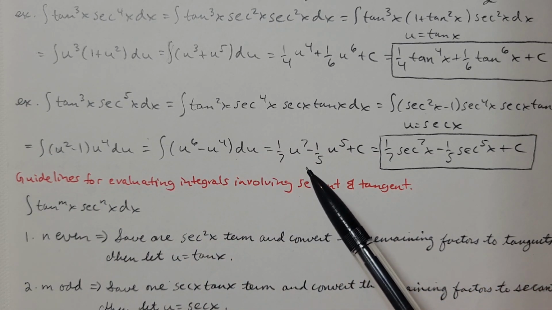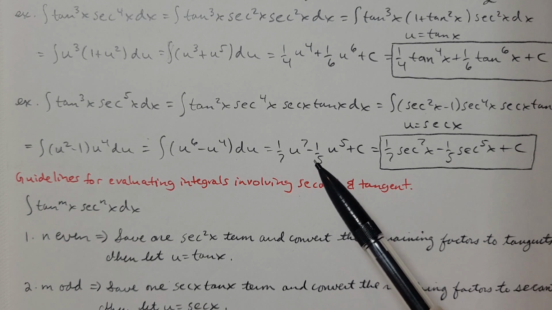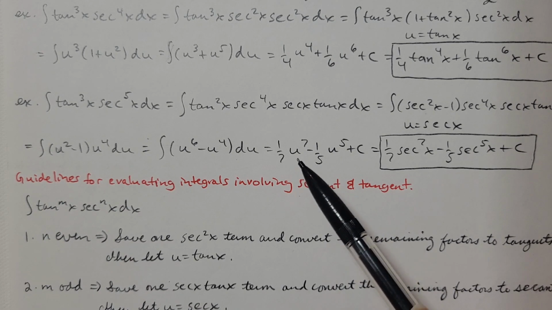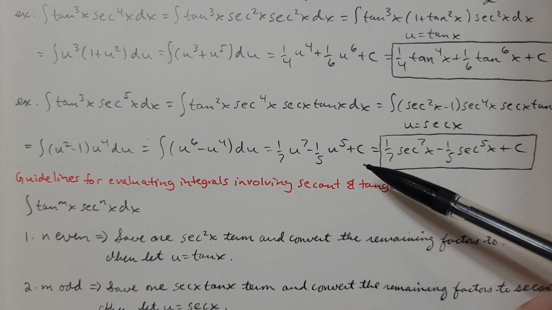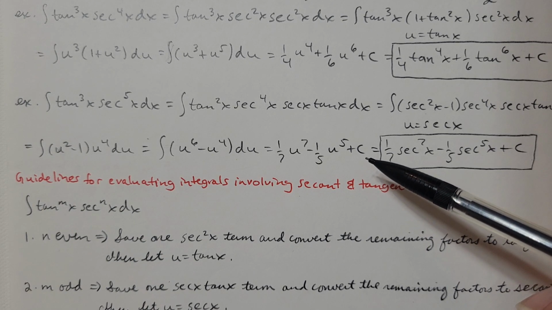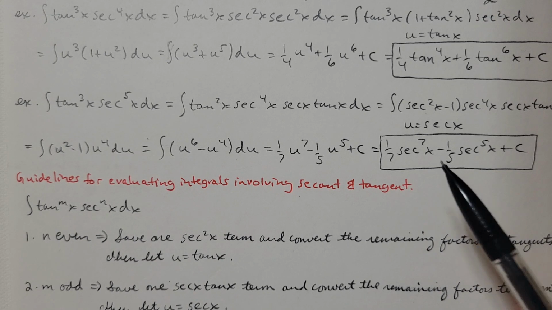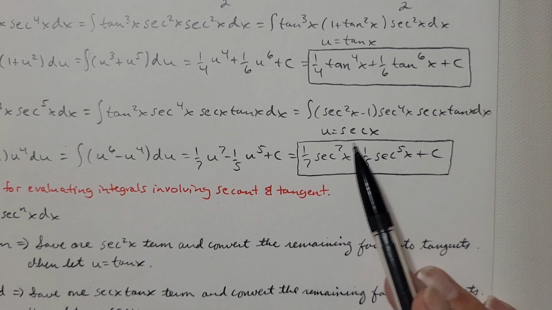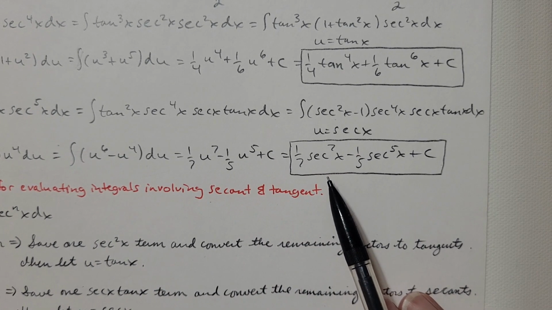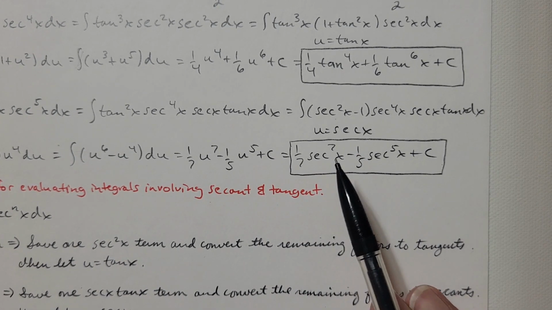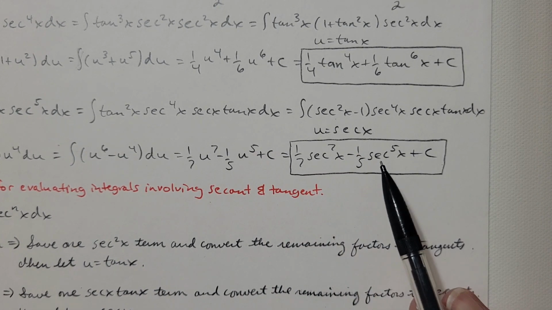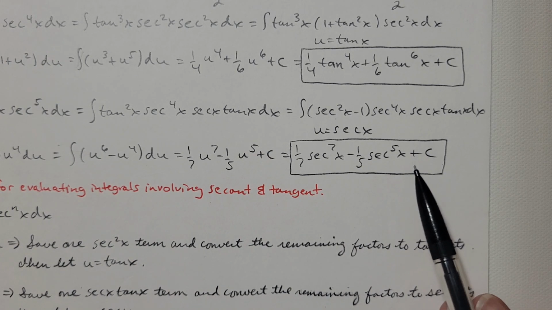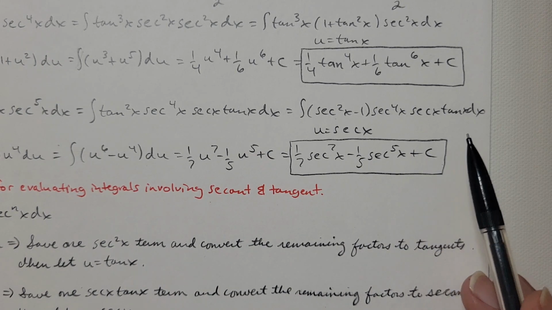And then the antiderivative of that would be 1/7 u to the 7th minus 1/5 u to the 5th plus a constant. And the last thing there would be to replace u. So u is secant x. So my answer would be 1/7 times secant to the 7th of x minus 1/5 times secant to the 5th of x plus a constant.